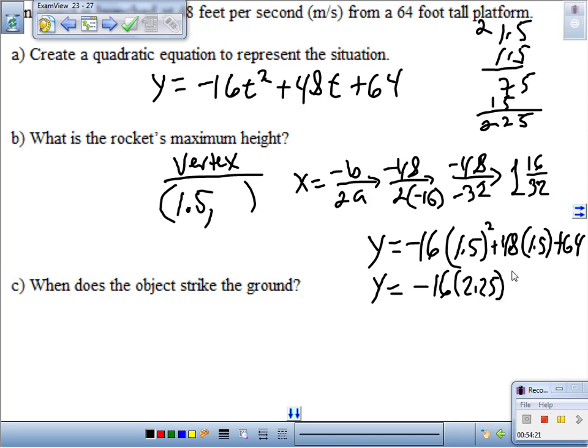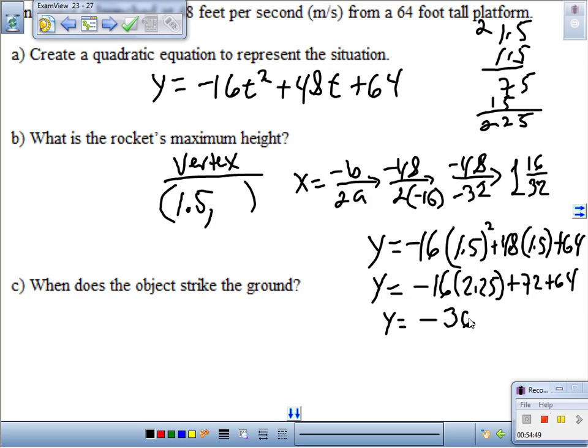Focus. 48 times 1.5, that's 72, plus 64. We multiply this. Y equals negative, what is 16 times 2.25? Very good. Negative 36. Double check to make sure.